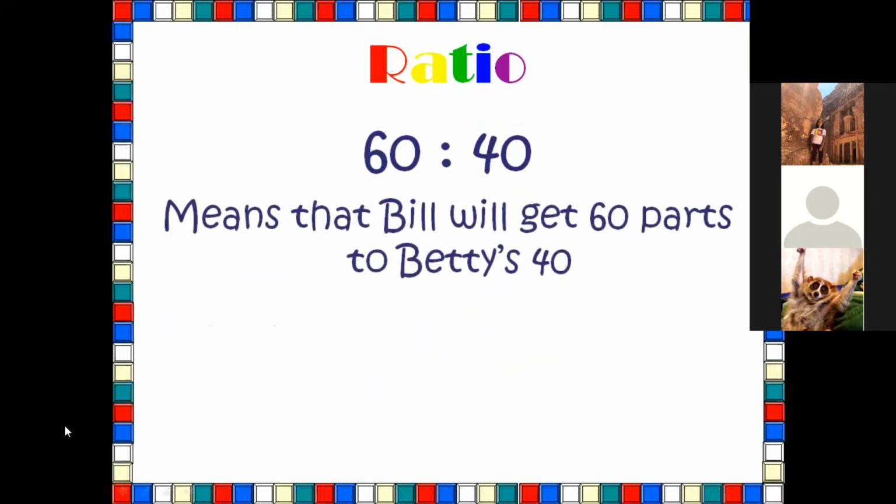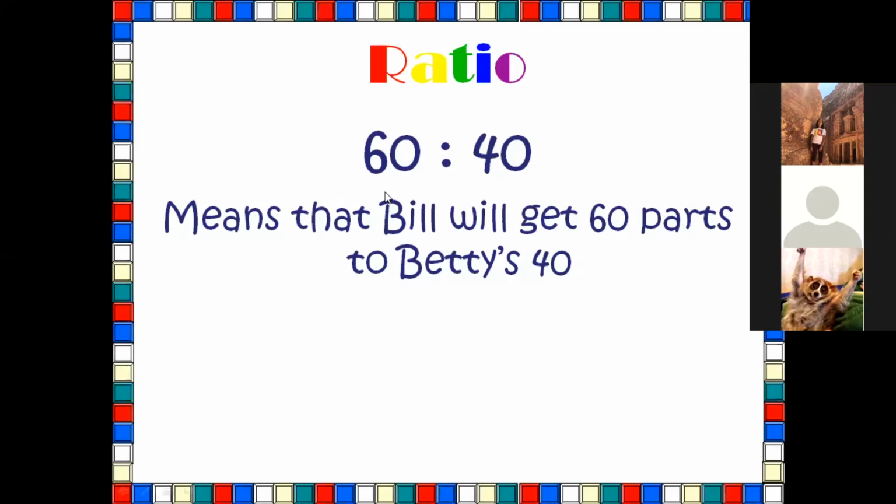That means Bill will get 60 parts from the $1,000 and Betty will get 40 parts from the $1,000. Okay, so the ratio 60 to 40, where did we get it from? From their payments. Bill paid 60 cents, Betty paid 40 cents. So this is where we get the ratio from.